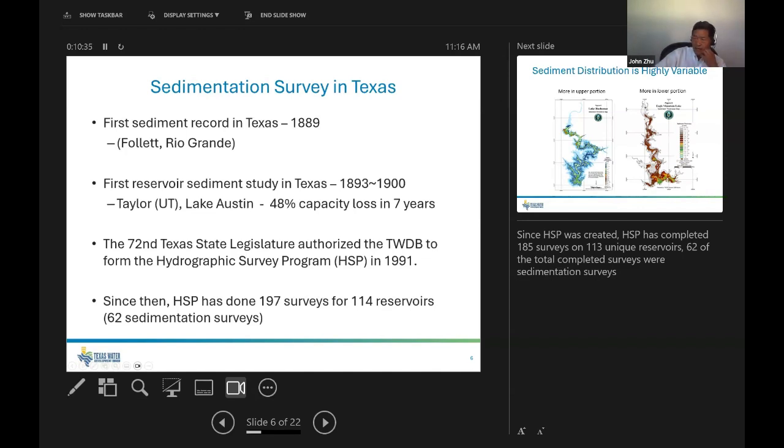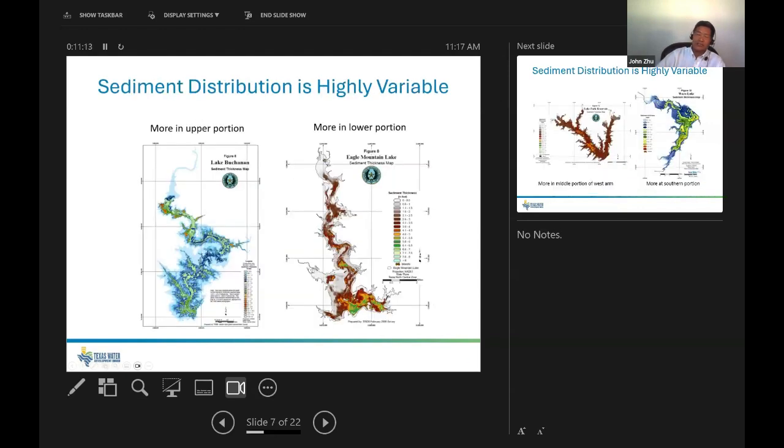Since then, the hydrographic survey program has done around 200 surveys for about 120 reservoirs. And of these, there are 60 surveys that were not only bathymetric but also included sedimentation surveys. The so-called sedimentation survey is where they pick up sediment samples and measure the sediment depth directly. So that is the situation.